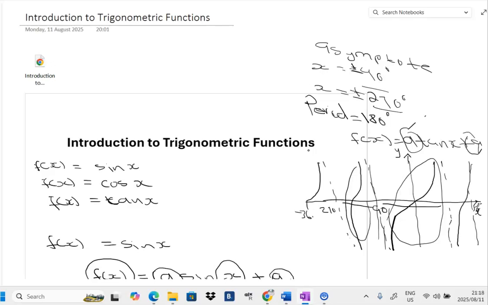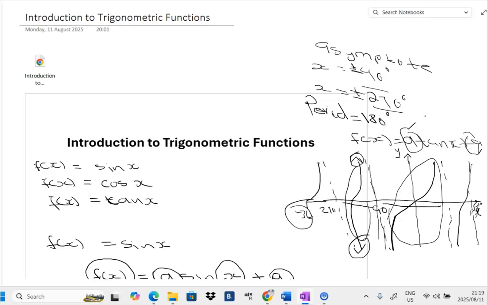Okay. And then if it starts from -360 and it ends at 360, then you can say the domain is from negative 360 to 360. But then check something. For the range, you can see this graph is going up to infinity.